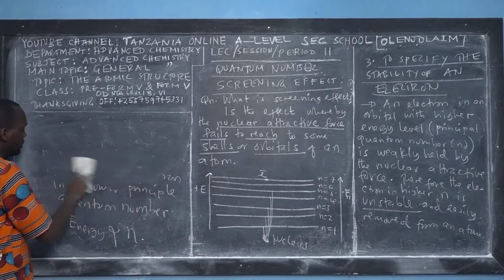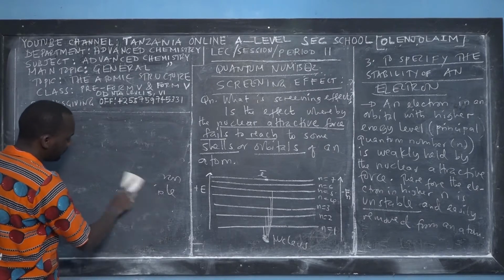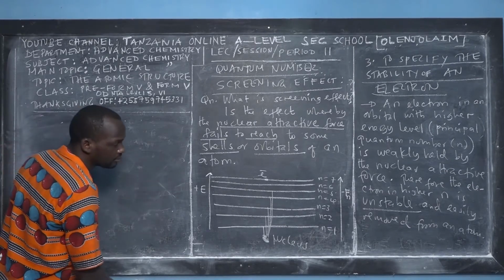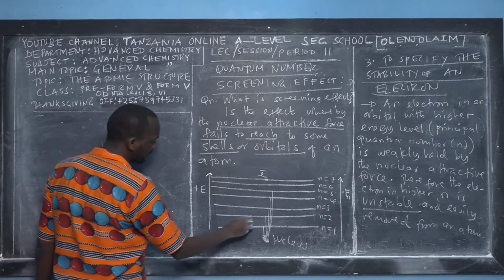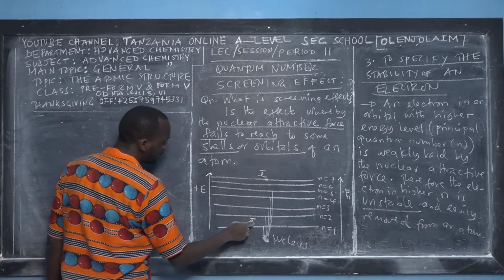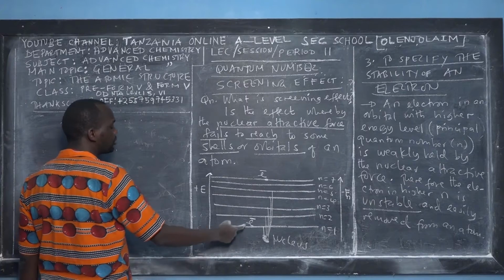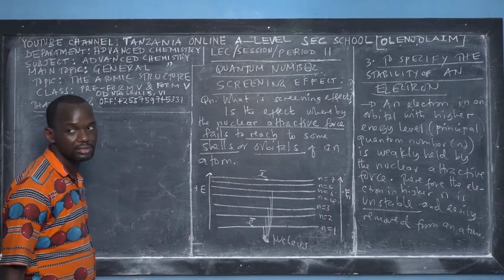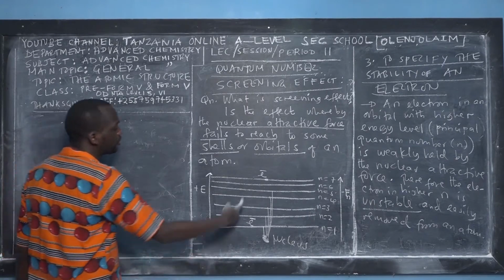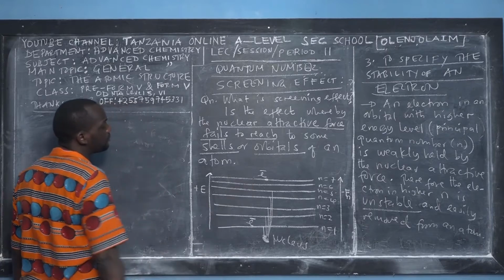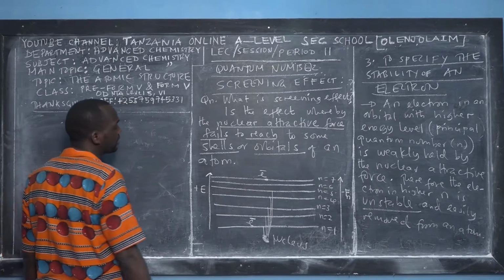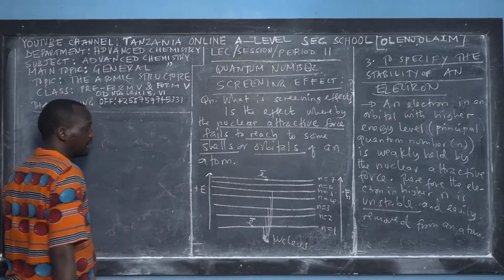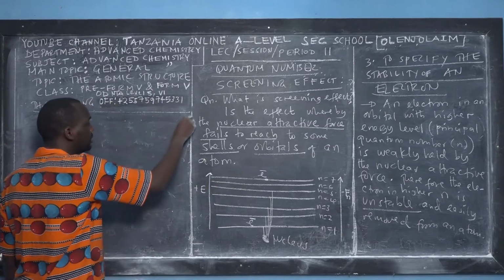What does it mean? For example, if you refer to this figure, electrons found in the ground state are highly stable and it's difficult to remove them from the nucleus or from the atom. Electrons found in the principal quantum number n equal to 7 are less stable and also easily removed from the atom.